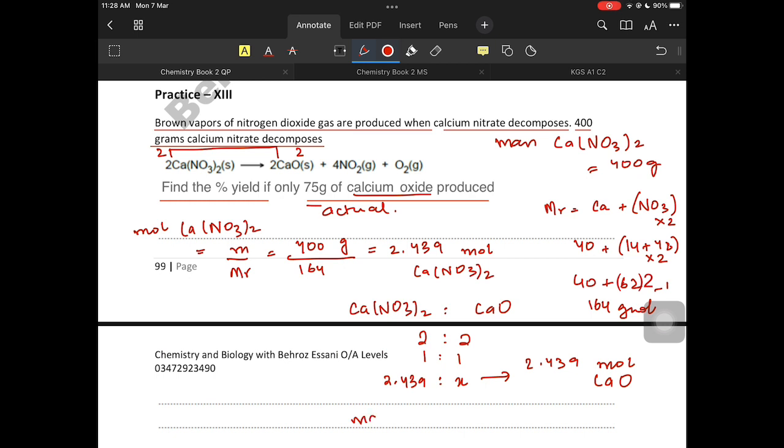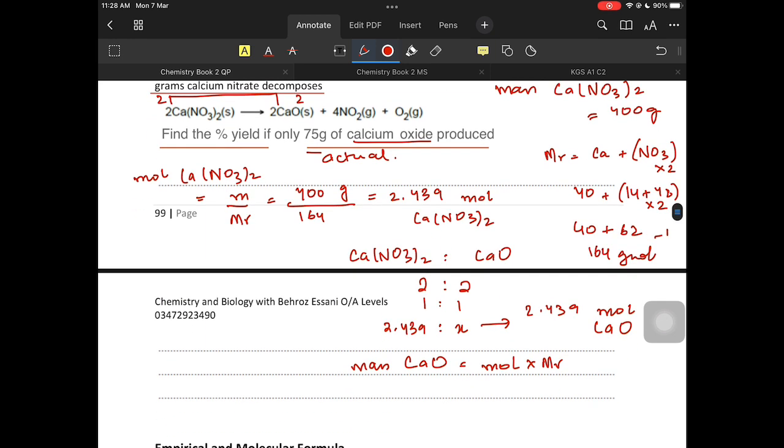So in order to find the mass of calcium oxide, we're going to multiply the moles with the molecular mass. For calcium oxide, the molecular mass is going to be 56, because it's 40 plus 16, right? So 2.439 times 56 is going to be 136.58 grams of calcium oxide. Now this is the theoretical yield.